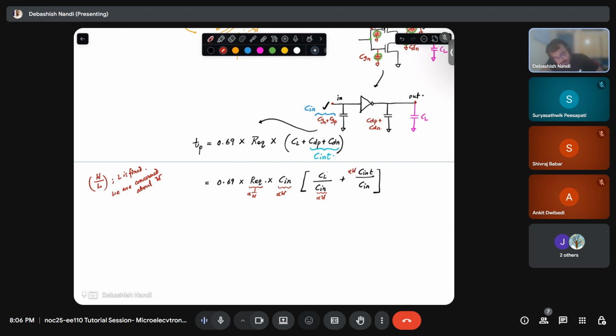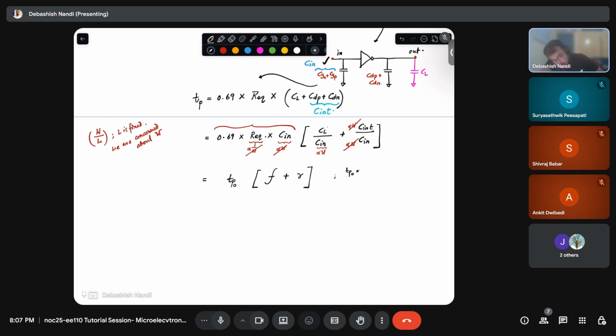C internal is proportional to W. So this quantity does not at all depend on W, because it is equivalently multiplying and dividing by W. Similarly, this quantity does not depend on W. So now I define this to be TP0, this to be F, and this to be gamma.